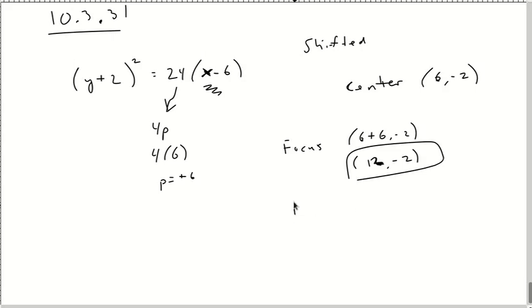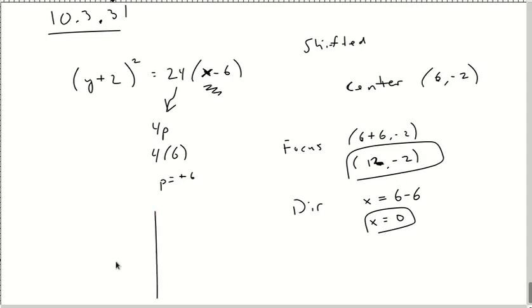So then your directrix, I'm just going to put dir for a second. Again, this is an x value. And so it's going to be 6 minus 6 is 0. Again, I'm just going the other direction. I started at 6. It gave me a number of 6, so I added it, and then I subtracted it.